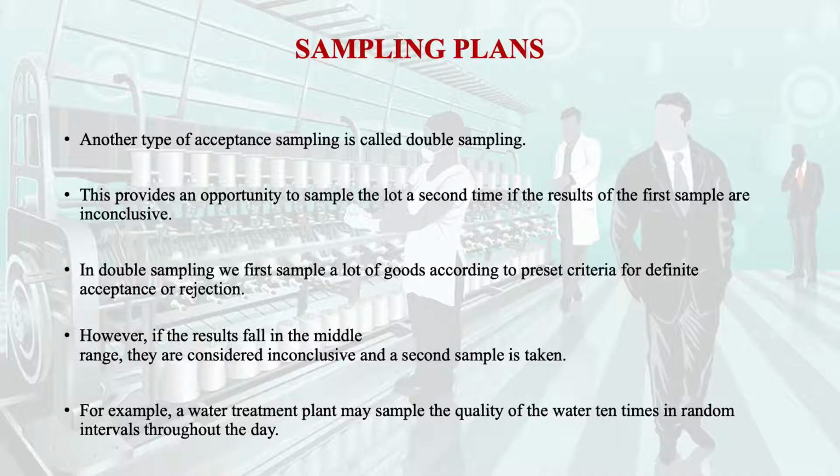If we are getting 3, then we will go for the second lot or the second sample. For example, a water treatment plant may sample the quality of water 10 times at random intervals throughout the day. That makes a multiple sampling.